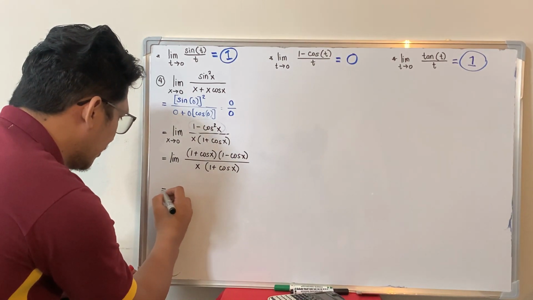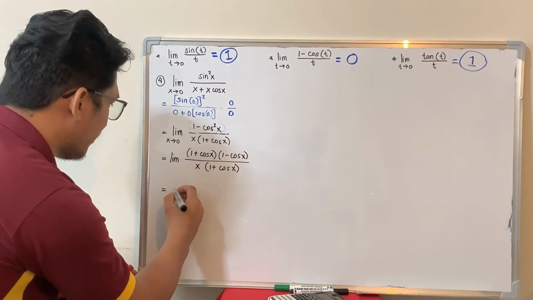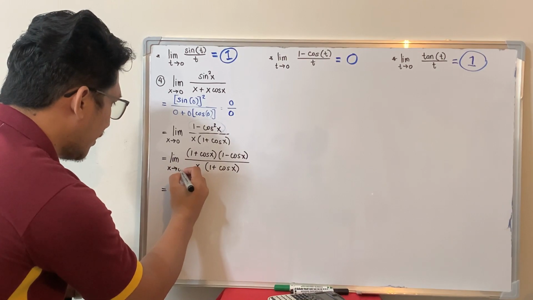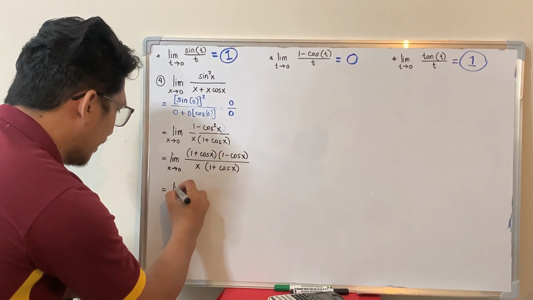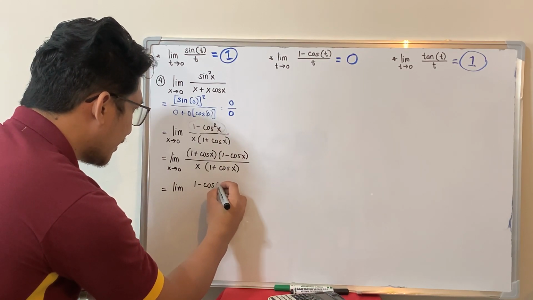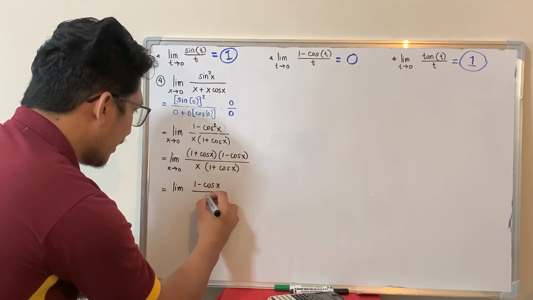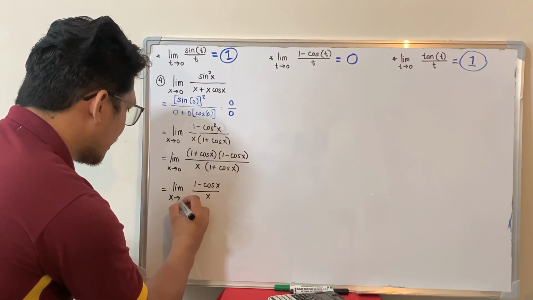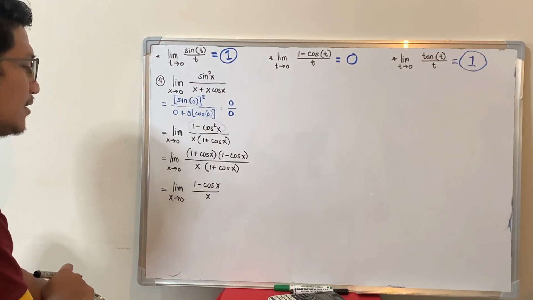This is now equal to, of course, after canceling, as x approaches 0, the limit of 1 minus cosine x all over x as x approaches 0. So it is easy now.